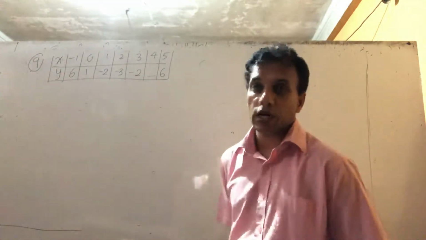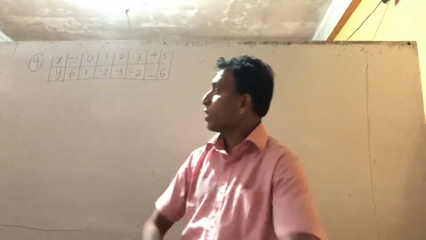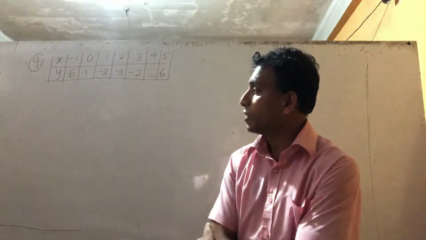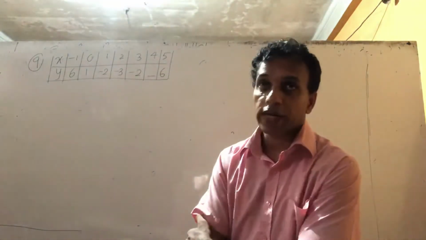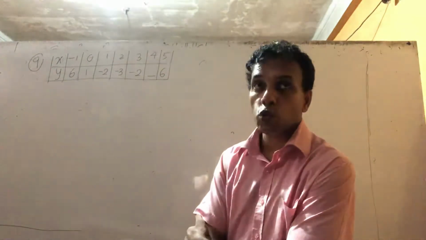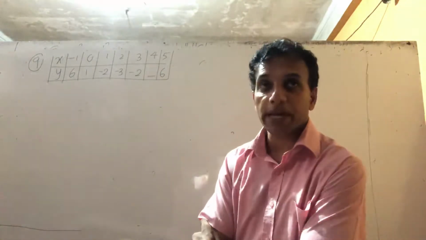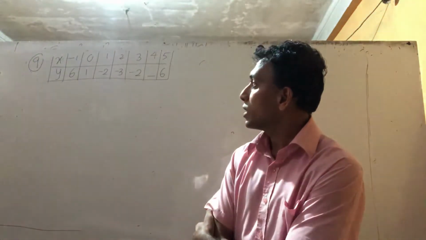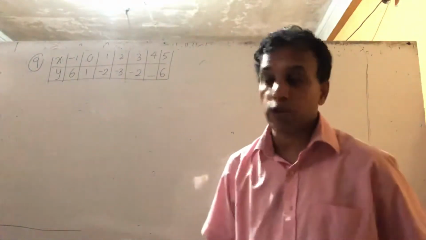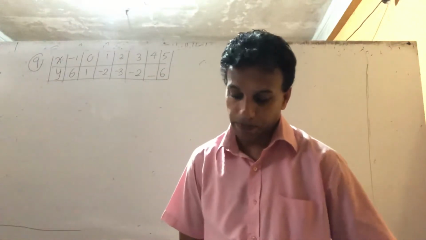Corresponding y values are: x -1, y 6; x 0, y 1; x 1, y -2; x 2, y -3; x 3, y -2; x 4, y blank, we have to find that value; when x is 5, y takes 6.